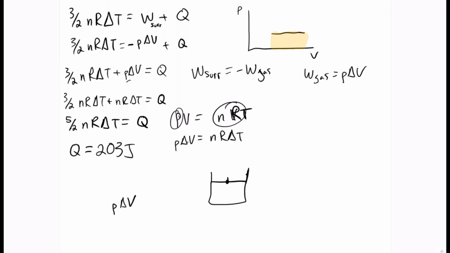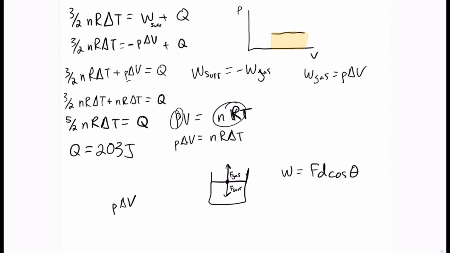There's going to be a force exerted upwards by the gas, a force exerted downwards by the surroundings, and we can think about displacement. So the positive work will come from displacement in the direction of the force of the surroundings, because we know that work equals F D cosine theta.